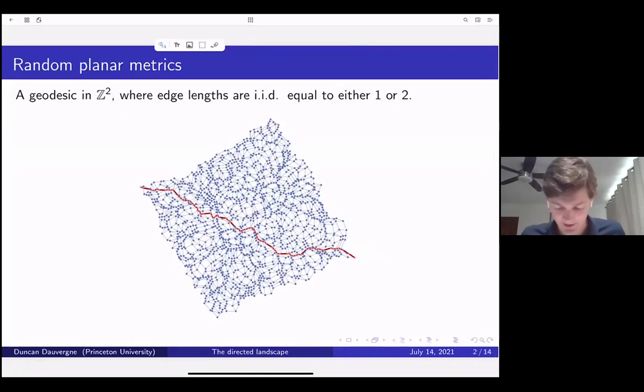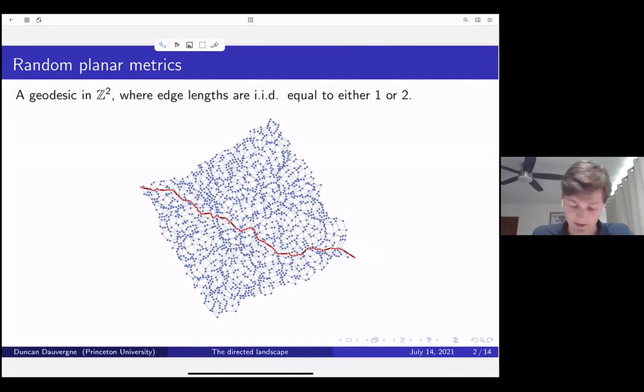So I'll start with a simple discrete model of first passage percolation. Take the lattice Z^2, and on every edge put an IID random variable. This gives a random weighted graph, and you can look at graph distances and geodesics in it.